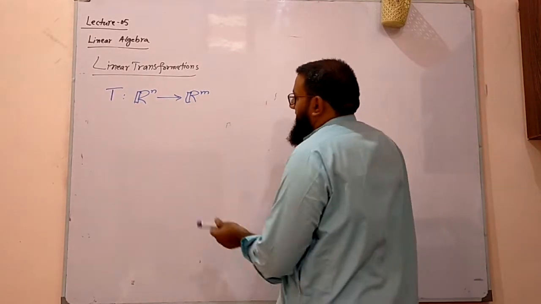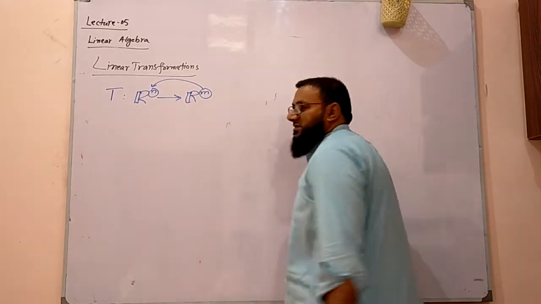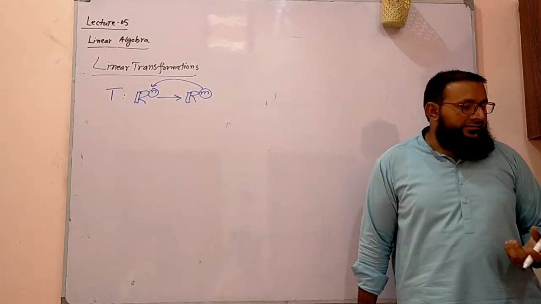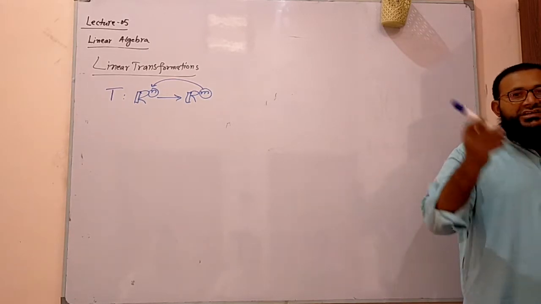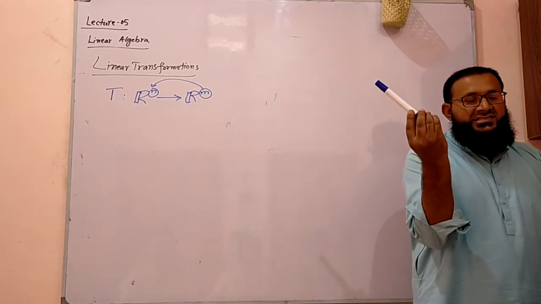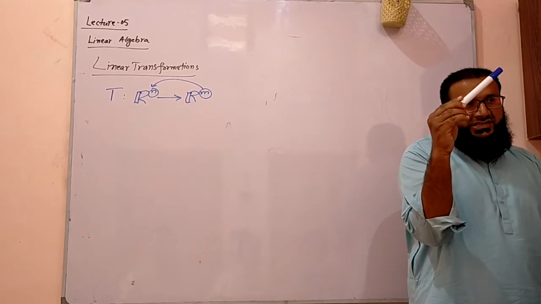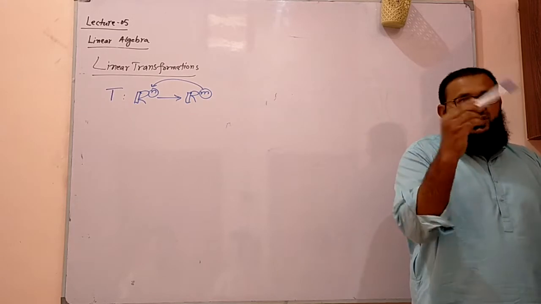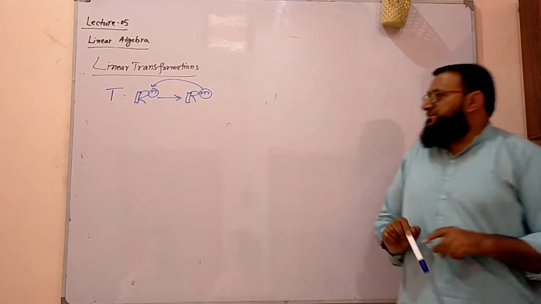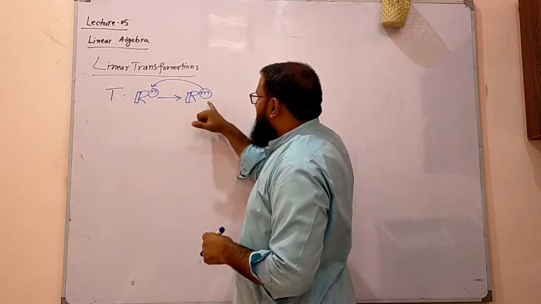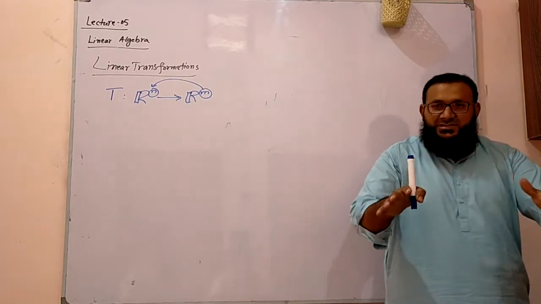And the thing is that these n and m can be equal as well. Now you take a vector in 2 dimensions and you get a vector in 2 dimensions, like when you rotate it. This is also a linear transformation. So when n and m are equal, it means we are in the same space.